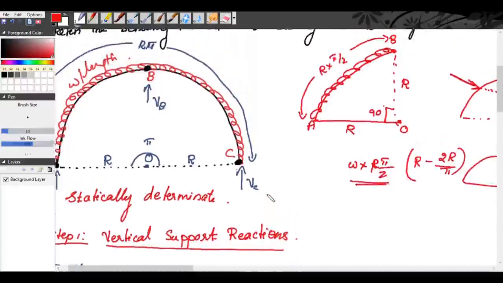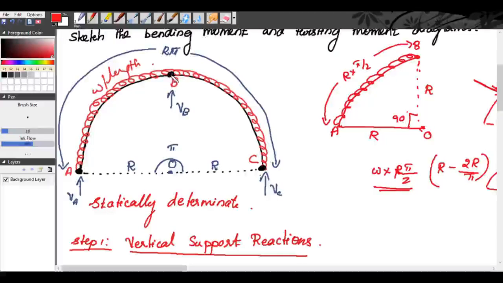So anything else? No. So now we are taking moment about this point B equal to 0. We are considering the left of B. So VA into perpendicular distance R, because this is clockwise about B. When you take this load, it is anti-clockwise about B. So this load is W into R into pi by 2, and the point of application of this load will pass along the centroid.